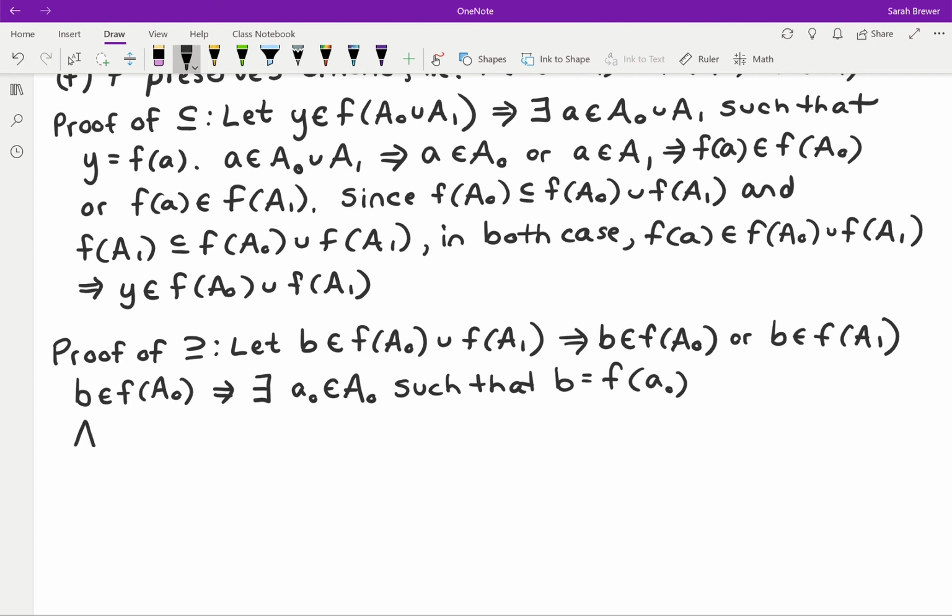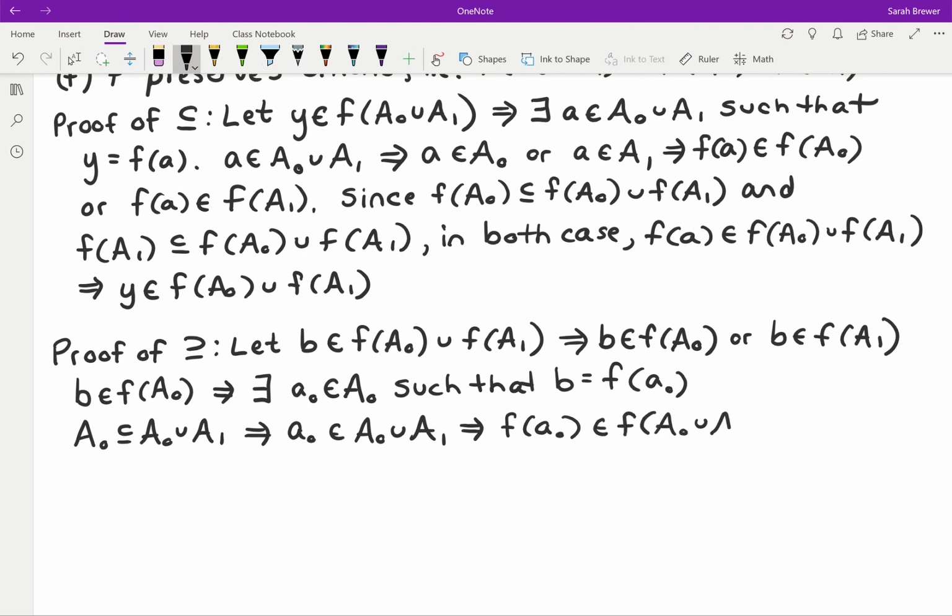And since big A0 is a subset of A0 union A1, we know that little a0 is an element of A0 union A1. And so therefore the image of little a0 is in the image of that union.